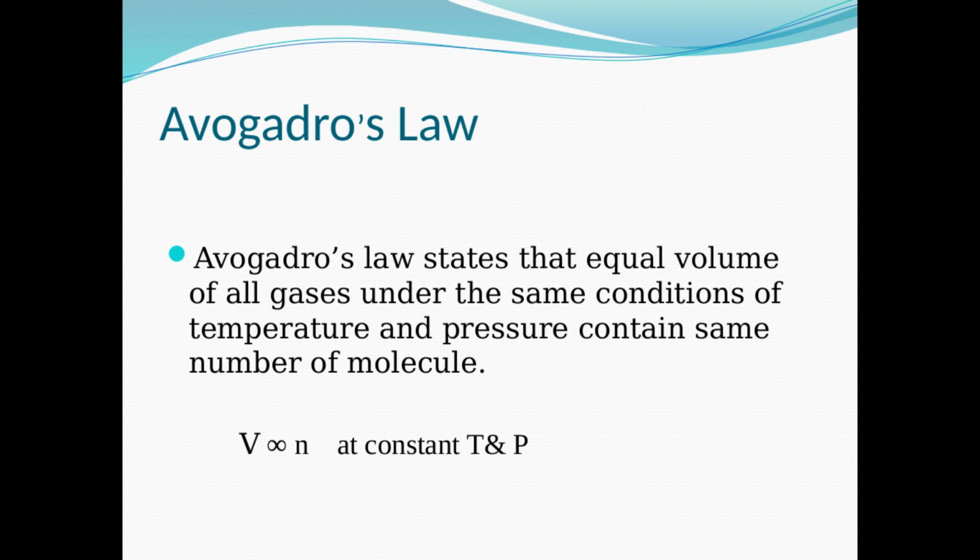Then the third law is Avogadro's law. What is Avogadro's law? Avogadro's law states that equal volumes of gases under the same conditions of temperature and pressure contain the same number of molecules. That is, V directly proportional to n at constant T and P.